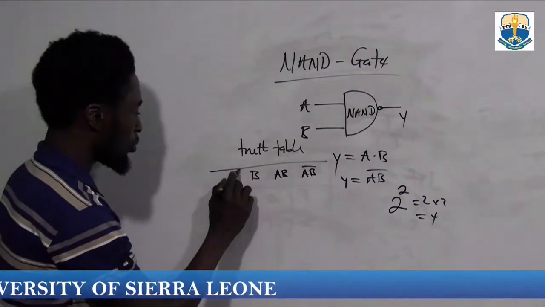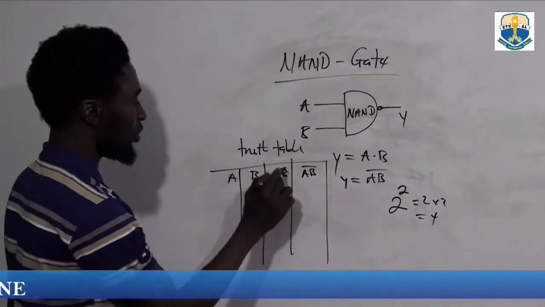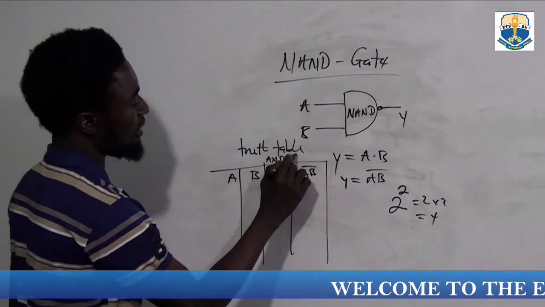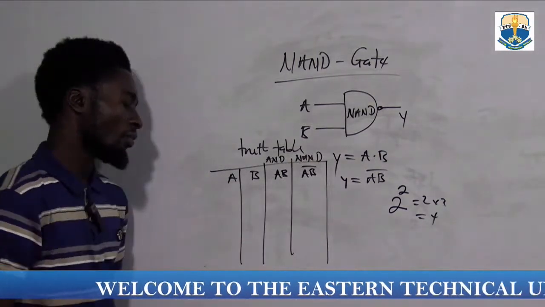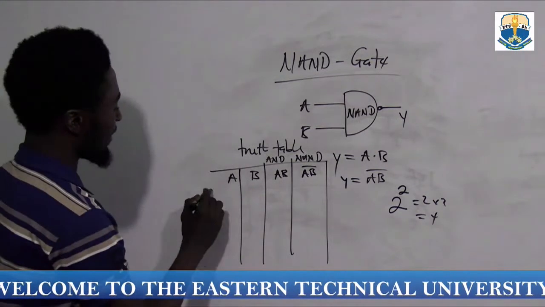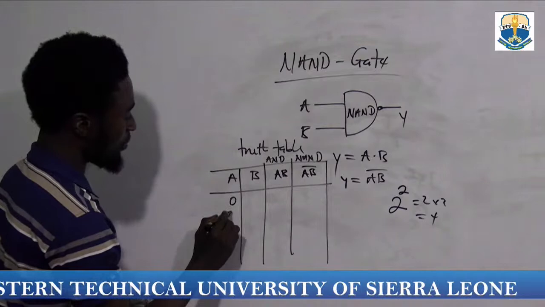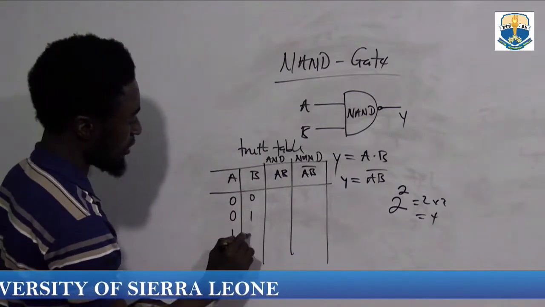So that is what we'll have, and this one is NAND. So now we have 0, 0, we have 1, 1, we have 0, 1, 0, 1.